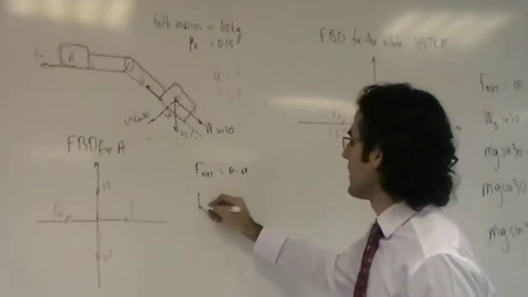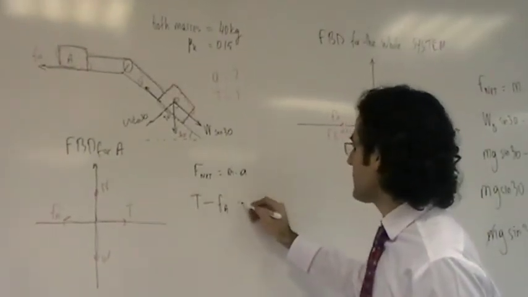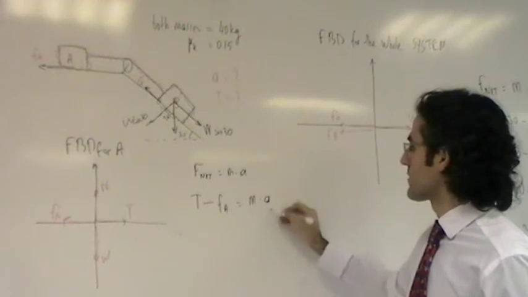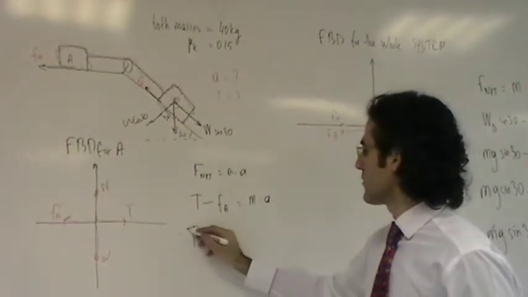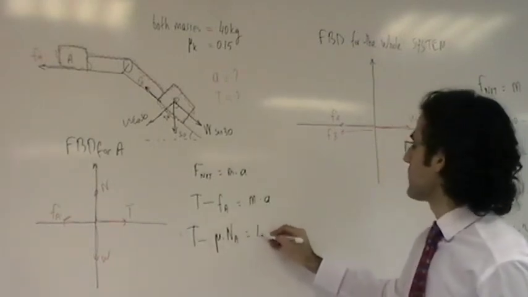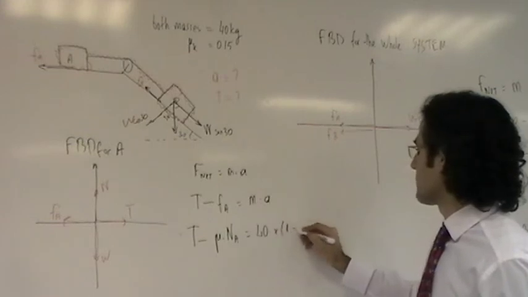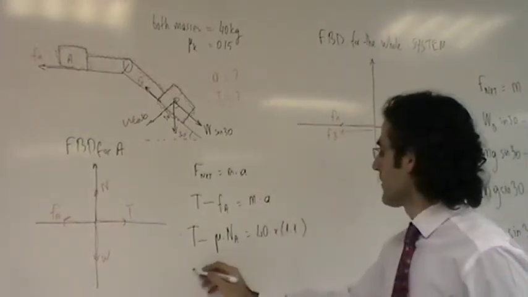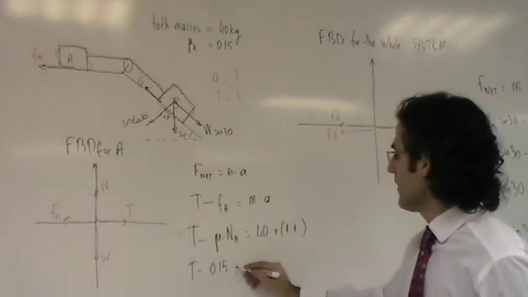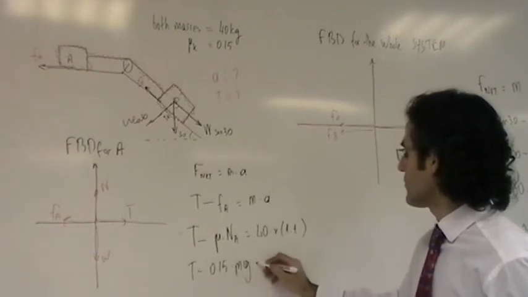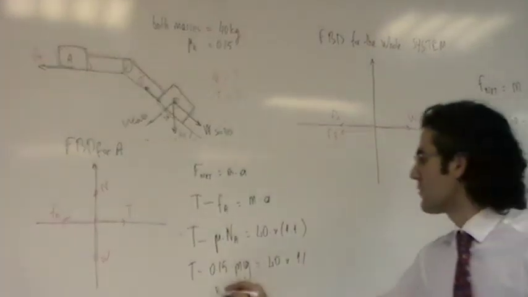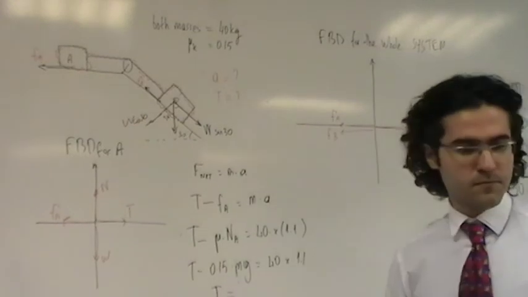Net force is tension minus force of friction, equal to the mass of A, not the whole system, only the mass of A, multiplied by the acceleration I found. Tension I don't know. Force of friction is mu times Na. Mass is 40 kilograms. Acceleration is 1.1. Tension minus 0.15 multiplied by the normal force, which is mg, is quite easy to find. Let's solve this for T right now.